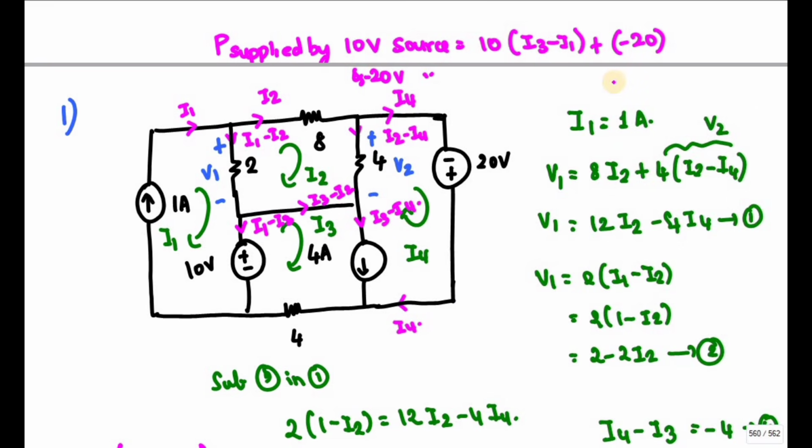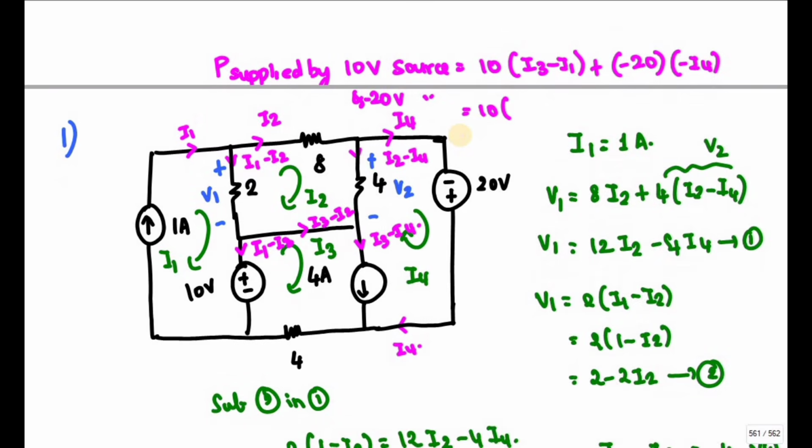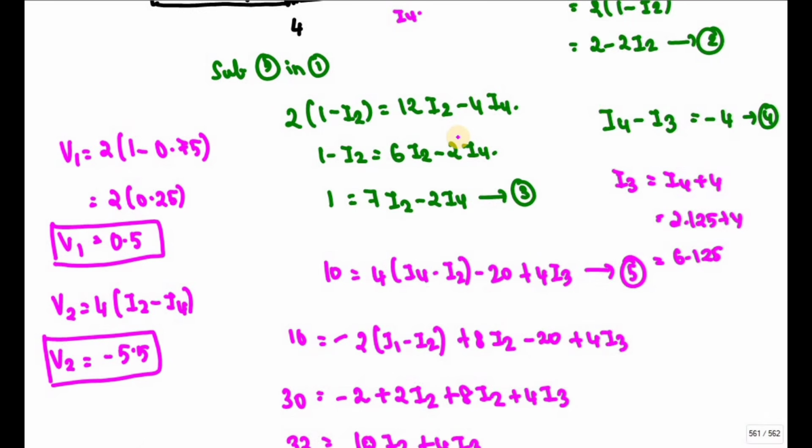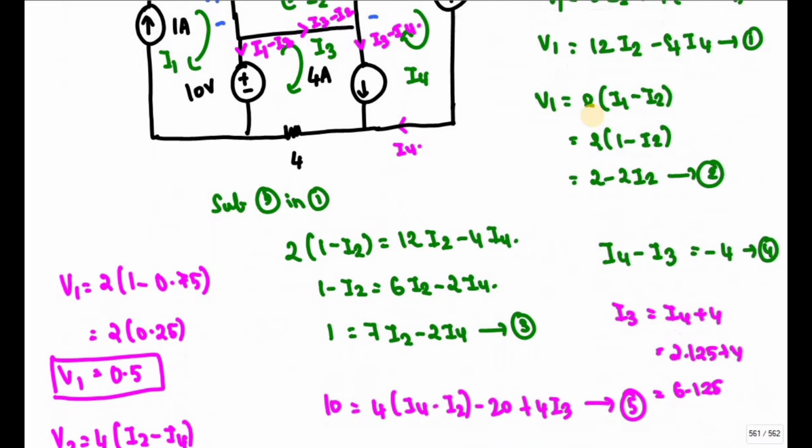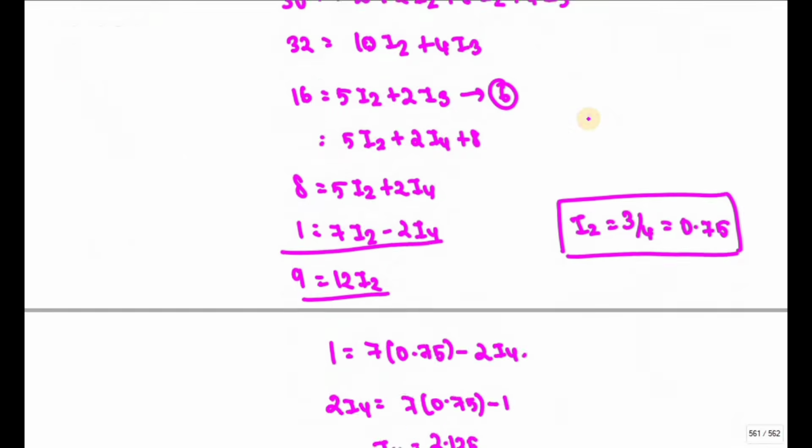Plus minus 20 into minus I4 is the power supplied by the 20 volt source. So 10 into I3 minus I1.